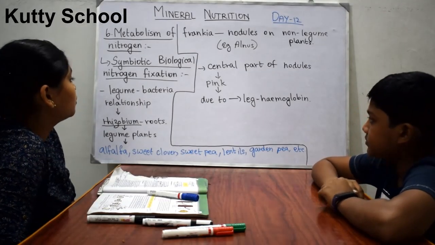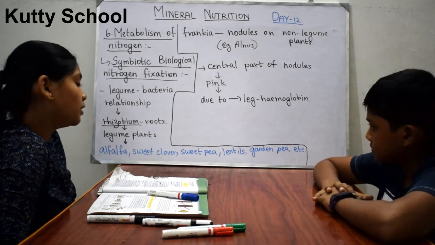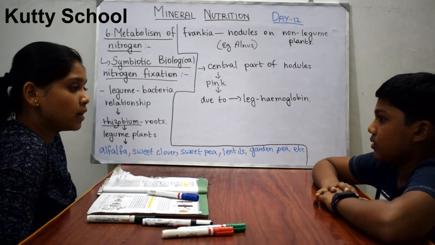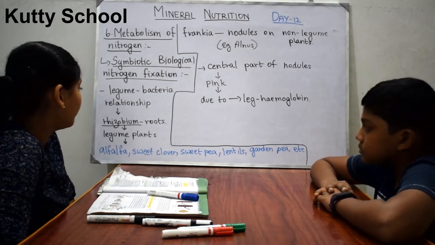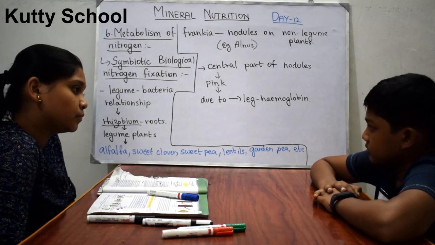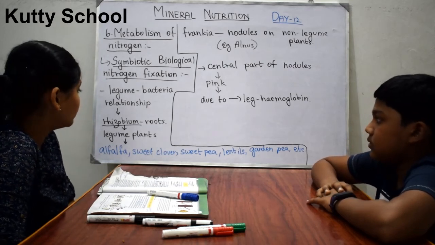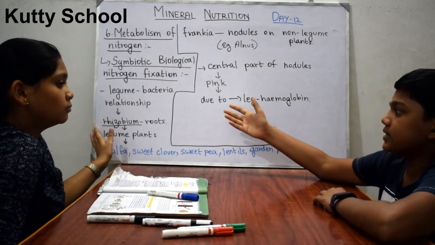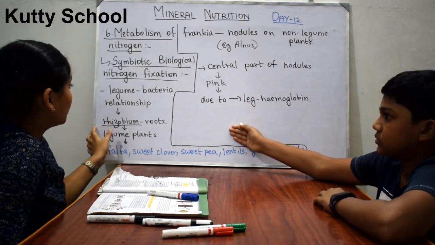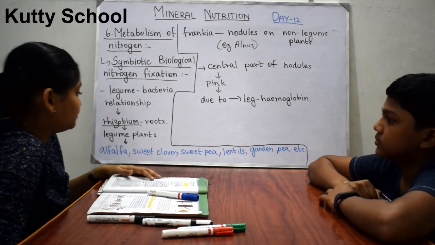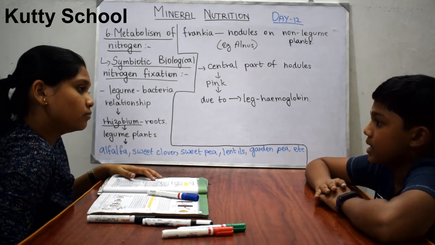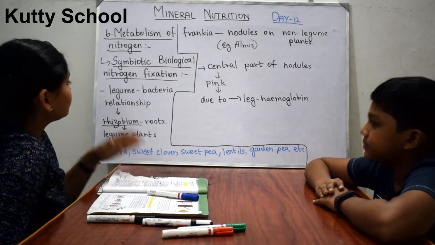This is generally the relationship between leguminous plants and bacteria. The main role is played by Rhizobium. Leguminous plants have root nodules on their roots; they are the pea family.